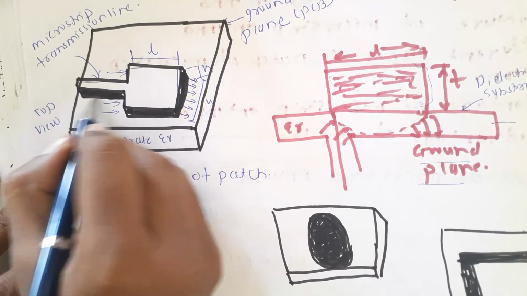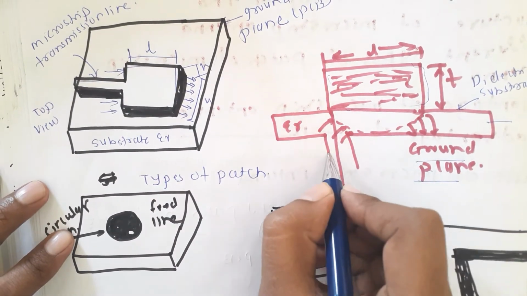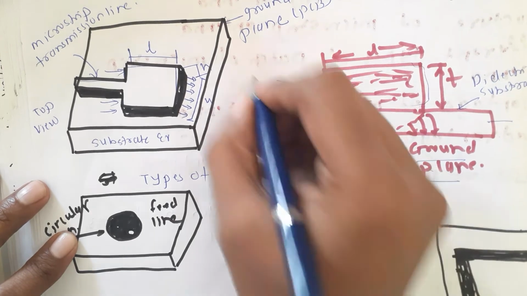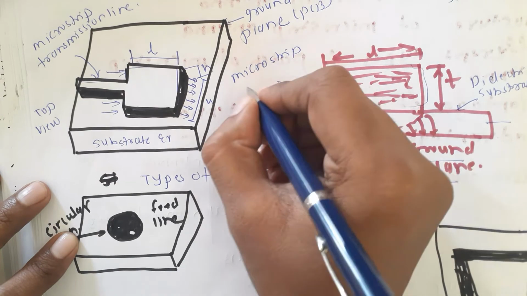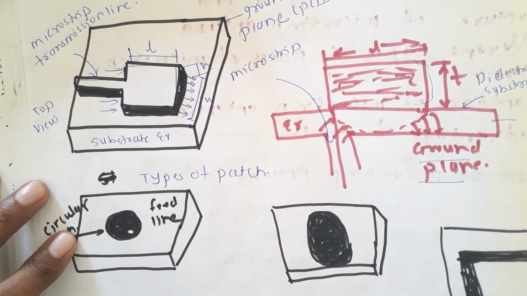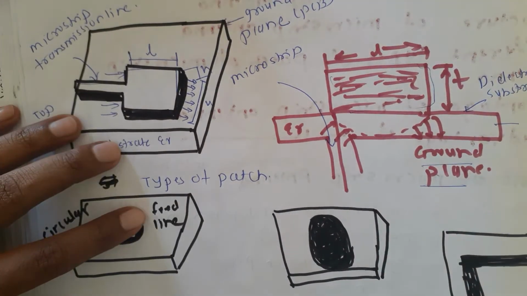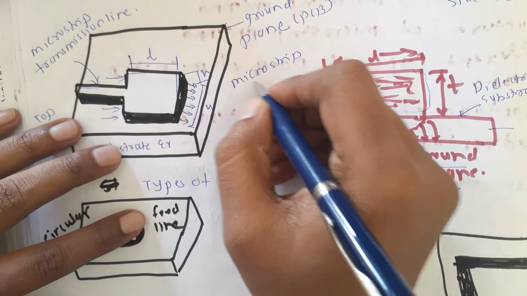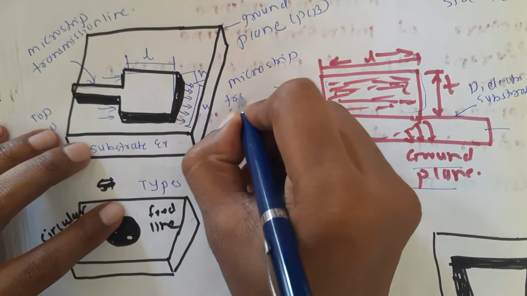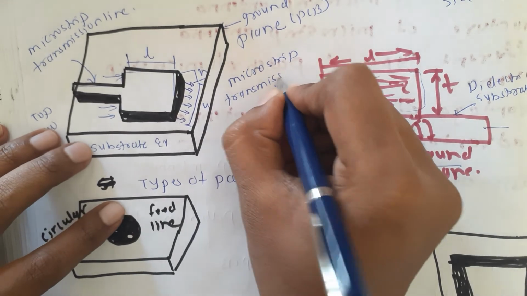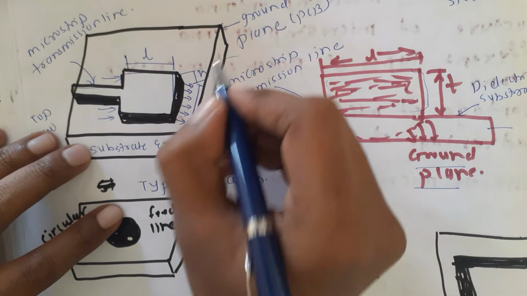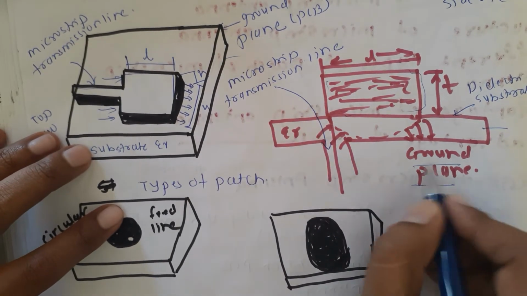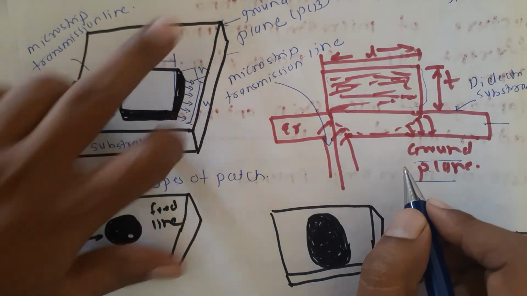Again here this will be the microstrip transmission line. This is a dielectric substrate or ground plane. This is the ground plane, and the dielectric substrate is on the upper side.